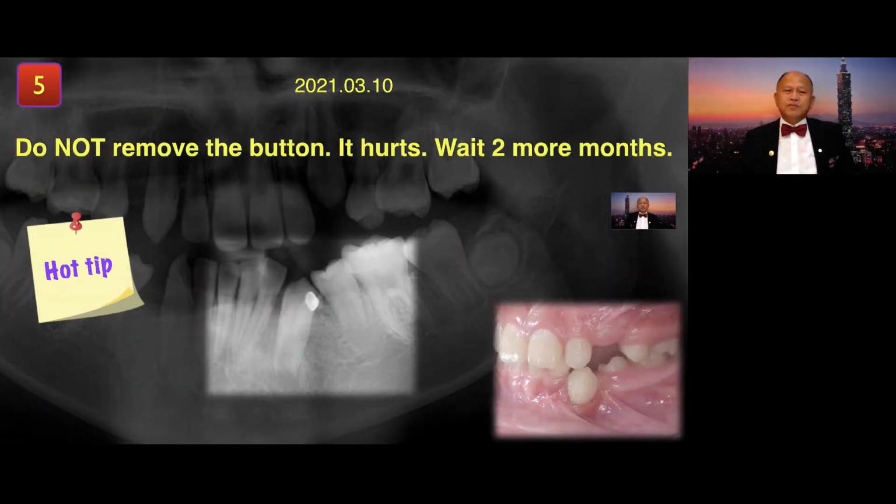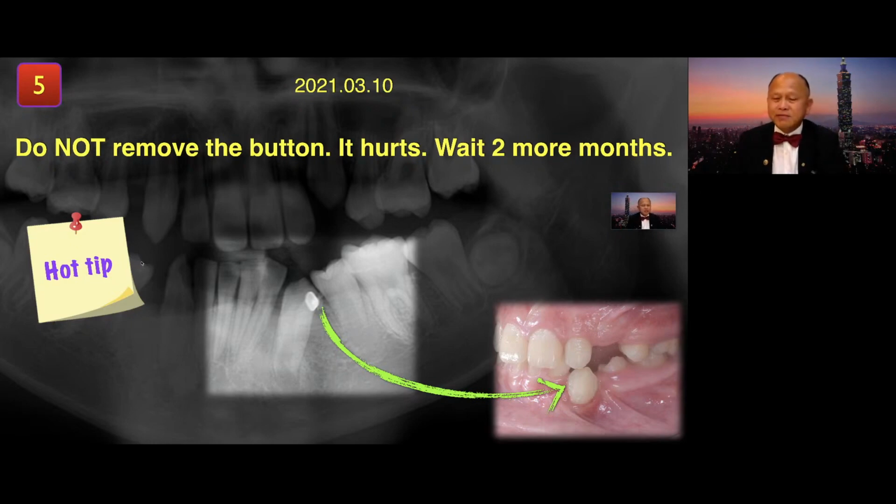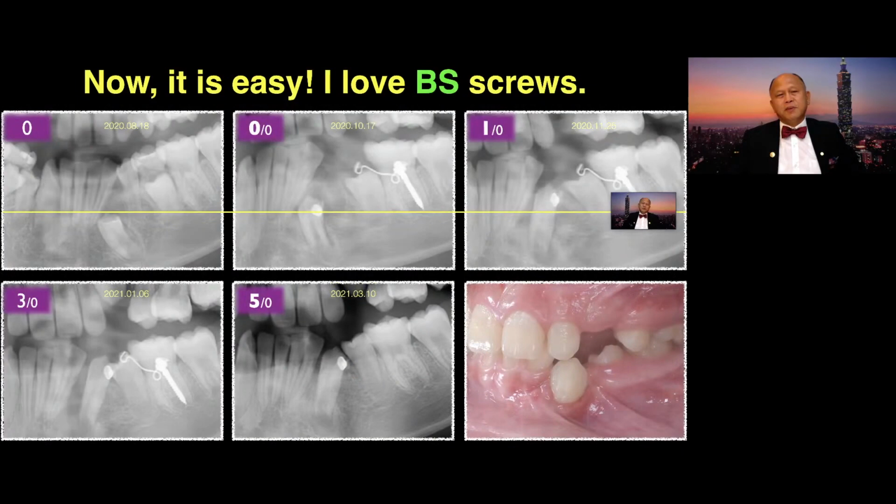Do not remove the button. It hurts. Wait 2 more months until the soft tissue and PDL stabilize. Now it's ready to remove the button. So 3 months in treatment, you only remove the 3D lever and screw. And wait 2 more months to remove this button. It will be easier for this patient.